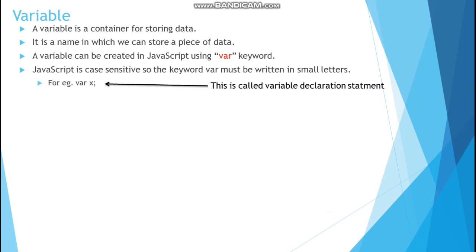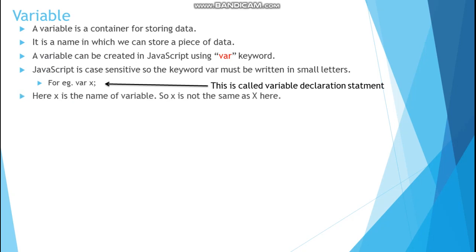So for example, var x will declare a variable. Here var is known as a keyword that is used to declare a variable, and x, small x, is the name of the variable, and it gets stored in the computer's memory.